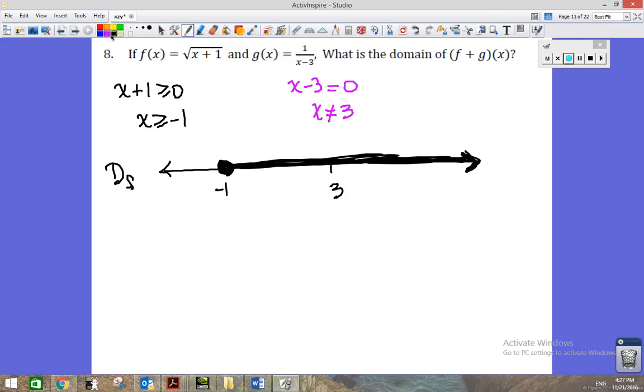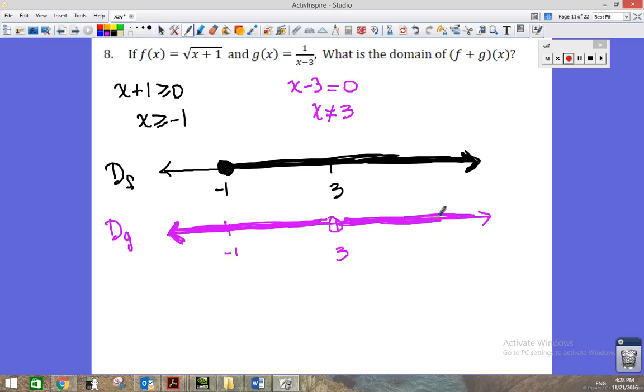Now let's draw a picture describing the domain of g. The domain of g, the number simply can't be 3. Anything else is okay. So we've got almost all real numbers, any number you can imagine except one value, 3. That's the only one that causes division by 0.